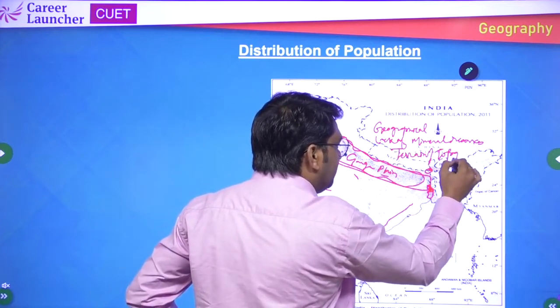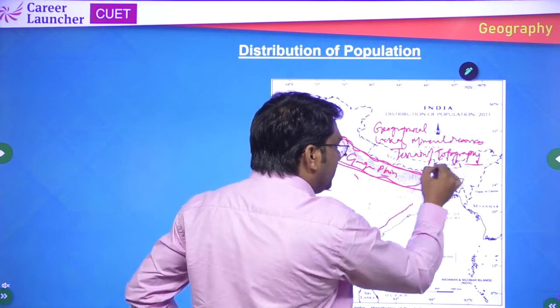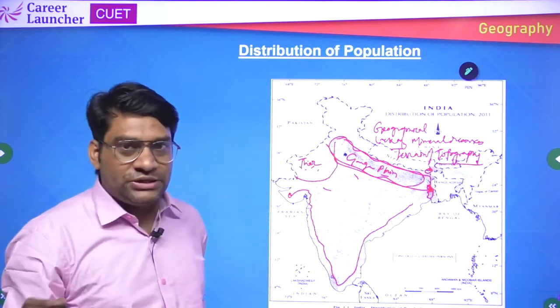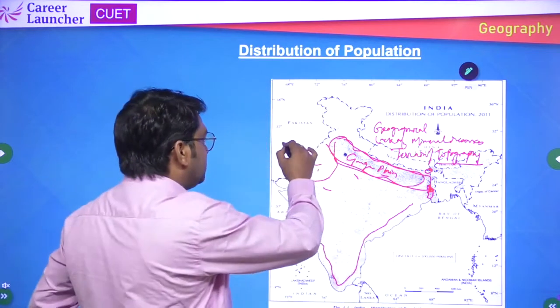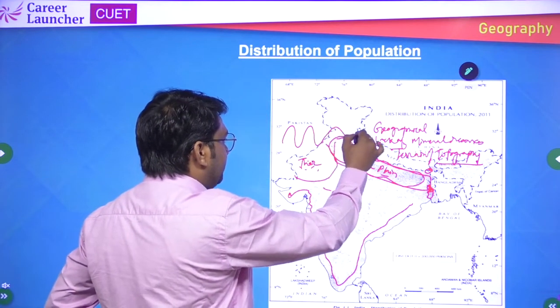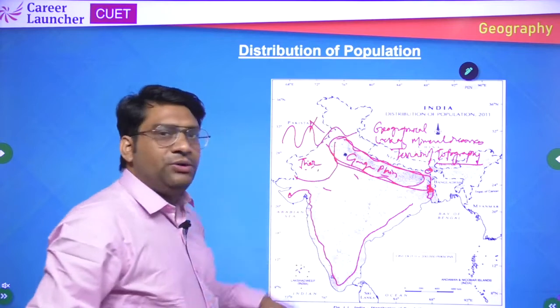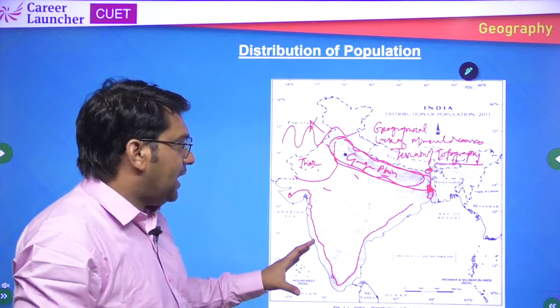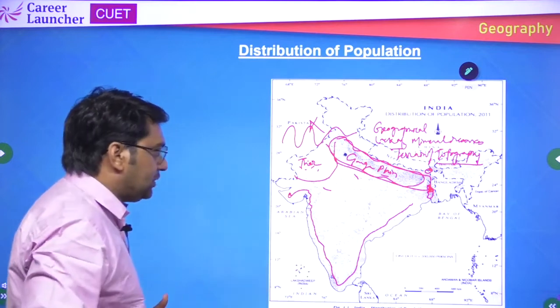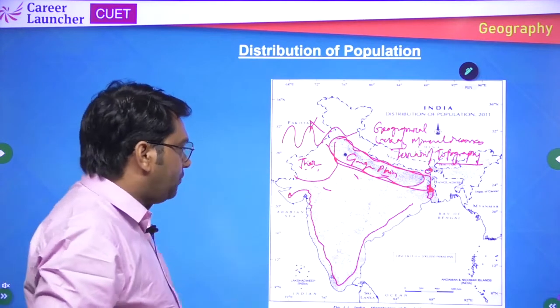In geography we use the term topography. If the topography is not plain and is undulating, like hills, then people avoid living in such an area. So this image helps us remember which part of India has a high population.